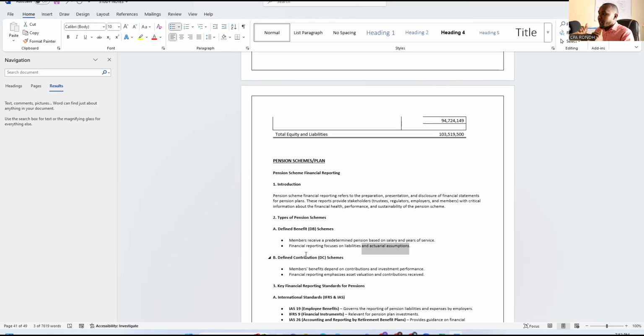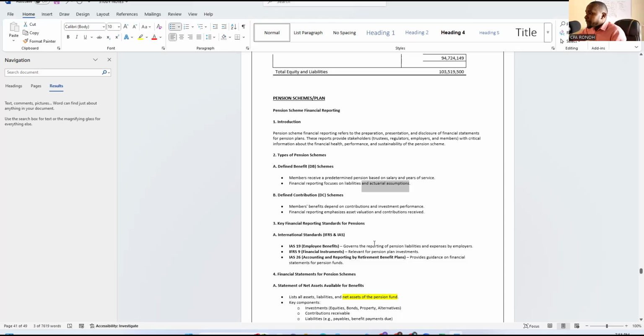Remember, if you are contributing to any pension scheme, they have to give you an interest rate, maybe 10%, 5%, or 12% annually, depending on the performance of the investment. Because that money you are contributing, they have to invest it in other investments, so that after they get the returns on the investment, they distribute to the members.